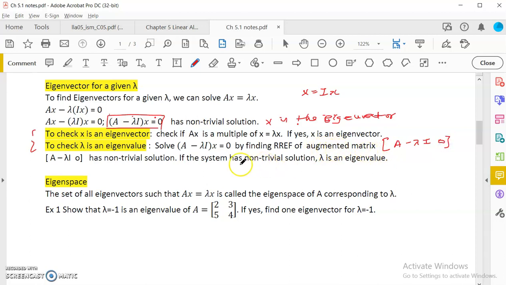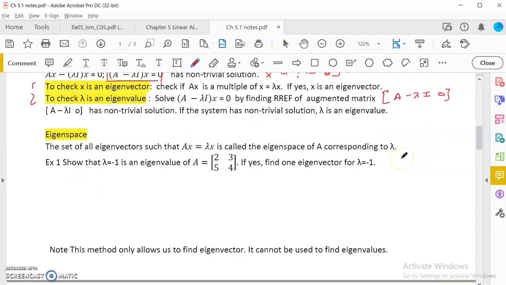And if you actually want to find the corresponding eigenvector for this eigenvalue, you will actually solve it. Okay, so we will actually do all the way solving it.